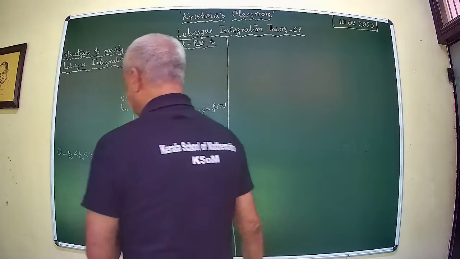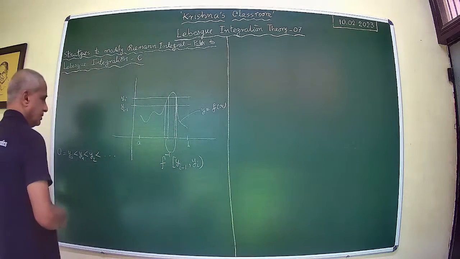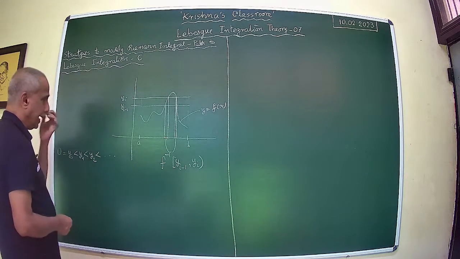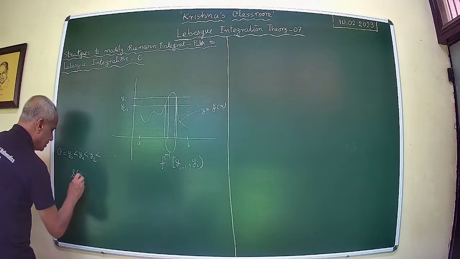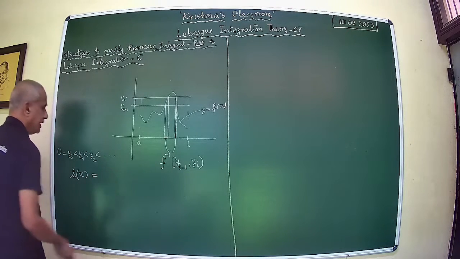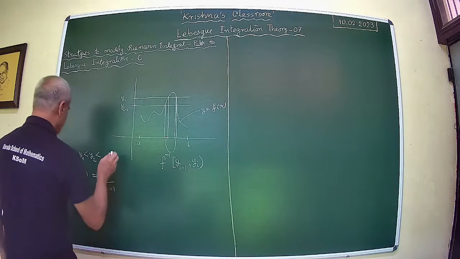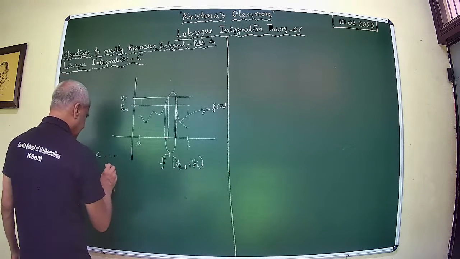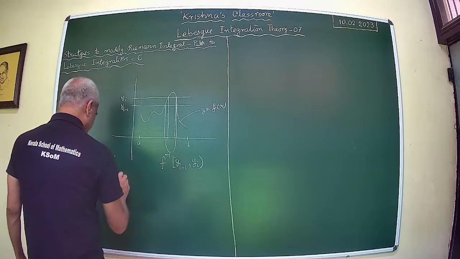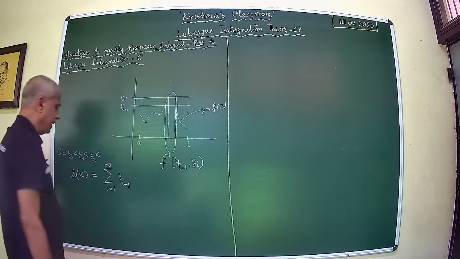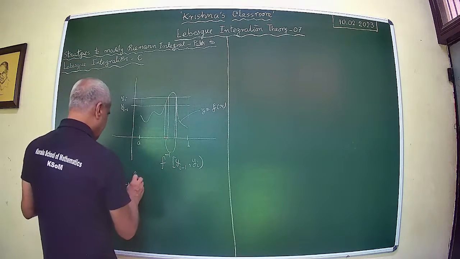And for this partition of the range, now that's important, you have a step function constructed, which we designate by S, you define as the sum from i equal to 1 to infinity of y_{i-1} times the characteristic function of f inverse of [y_{i-1}, y_i].